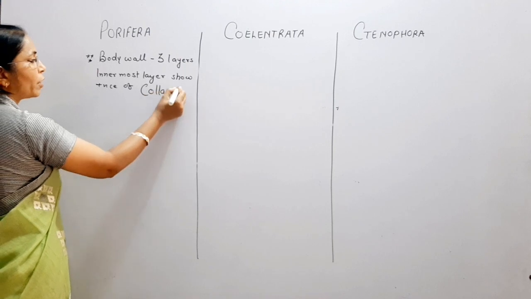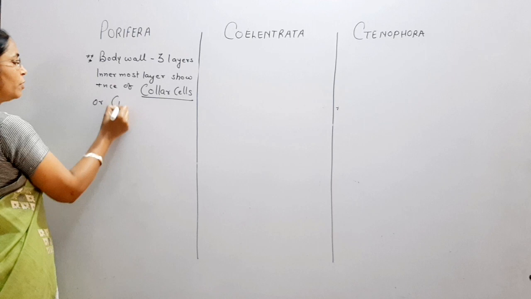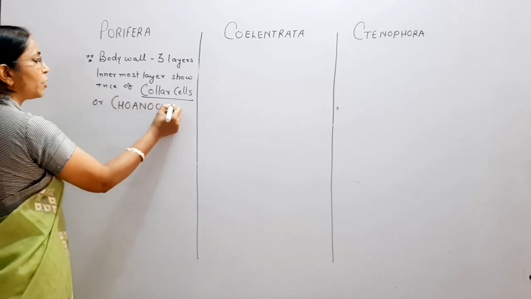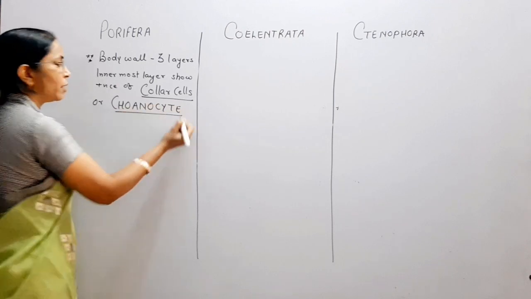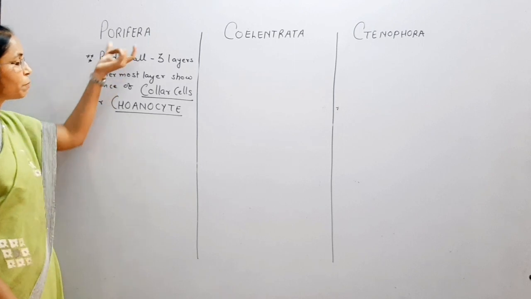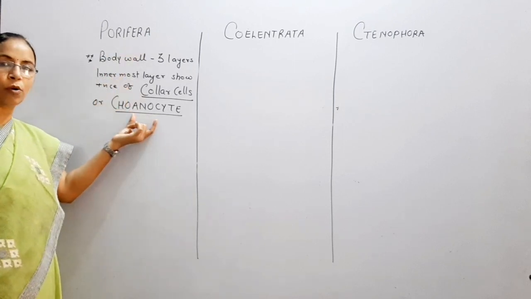These cells are called collar cells, or another name for collar cells is choanocytes. So choanocytes or collar cells are the special cells in the innermost layer of the wall of porifera.